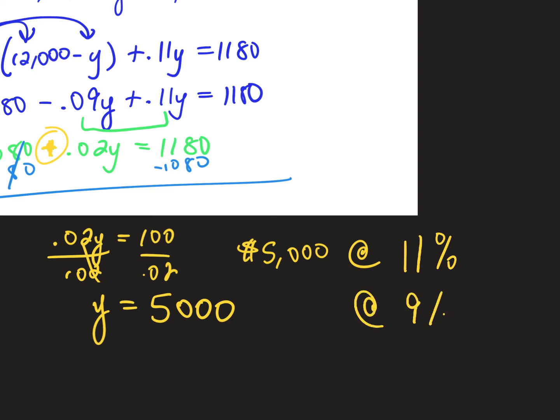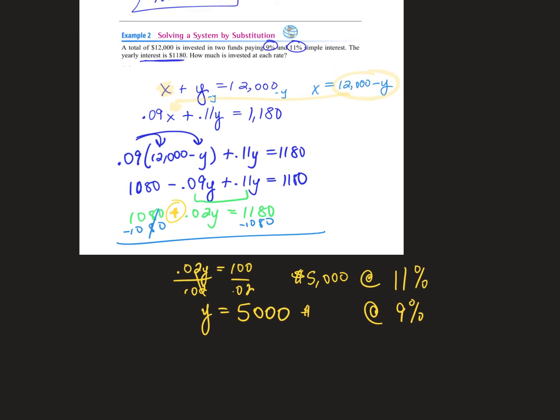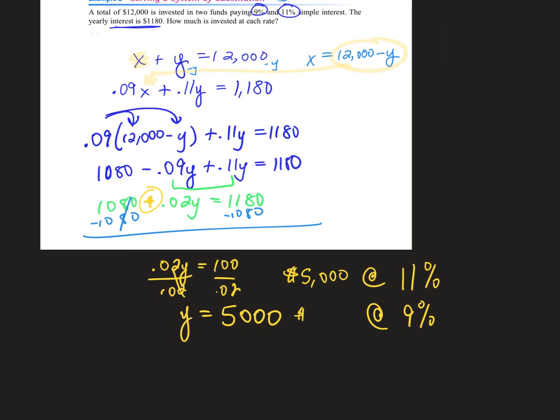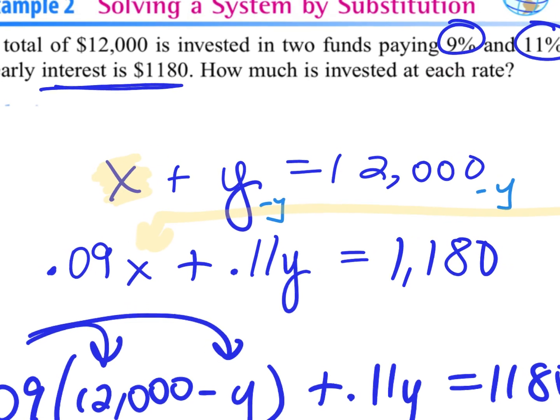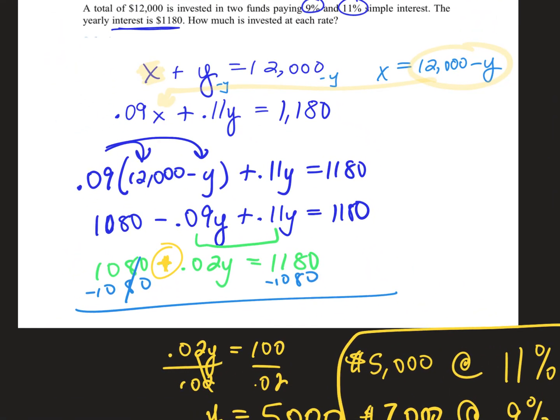The rest of the money. Okay, so you should be able to figure that out. If 12,000 was the whole investment and 5,000 of it is in one account, how much is in the other account? 7,000. You could go back to your original x plus y equals 12,000.